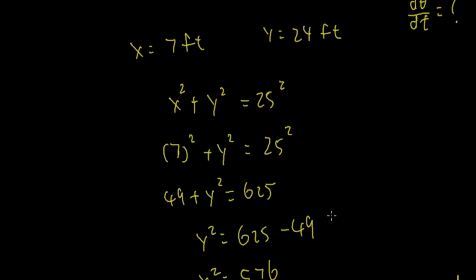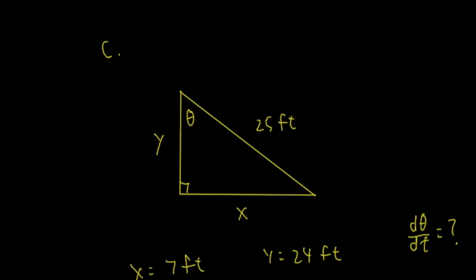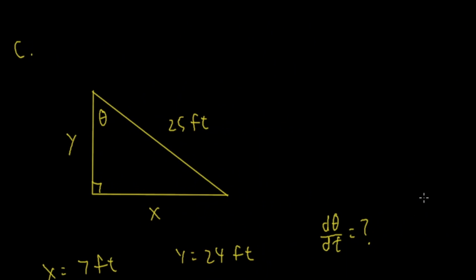Now, going back here, secant squared theta is the same as 1 over cosine squared theta. What is cosine theta?